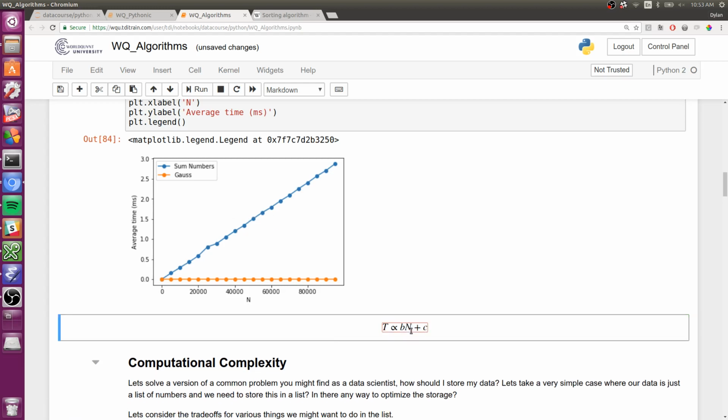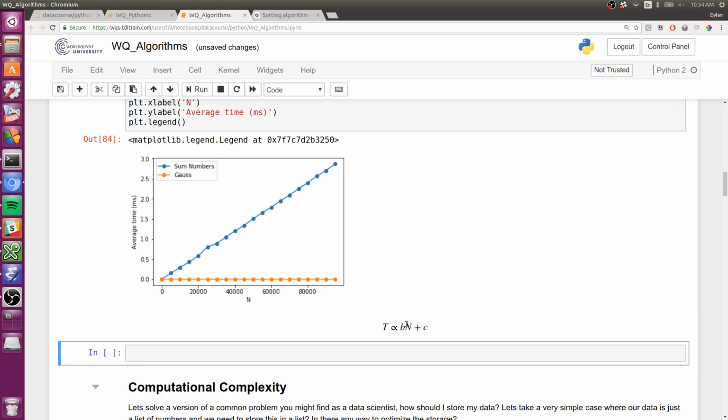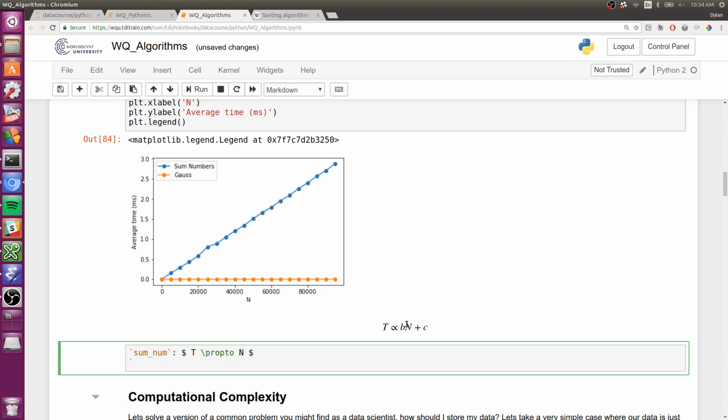Sum num has a linear term. We see that it's growing linearly with the size of the input. So we might say sum num, t proportional to n. And then the Gaussian version we see takes a constant amount of time.